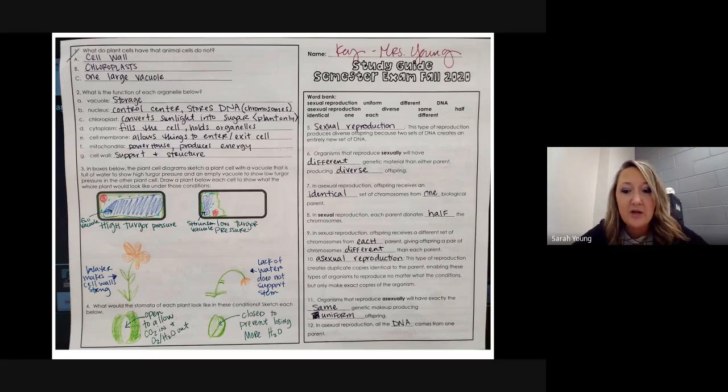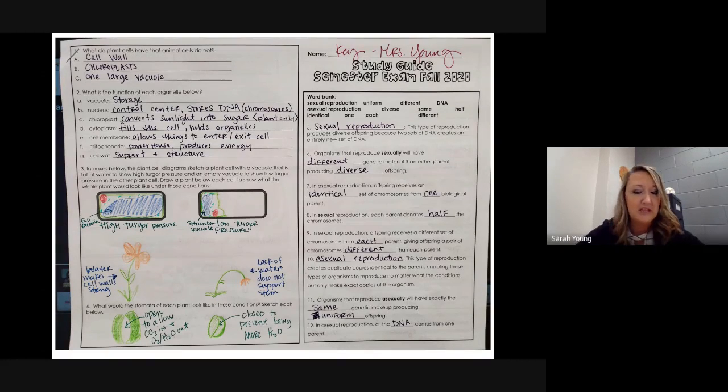In asexual reproduction, offspring gets an identical set of chromosomes from only one biological parent. This is like the copy machine where it clones itself. In sexual reproduction, each parent donates half the chromosomes. Remember, because sexual reproduction is 2 parents, asexual is 1 parent. In sexual reproduction, offspring receives a different set of chromosomes from each parent, giving the offspring a pair of chromosomes different than each parent, right?